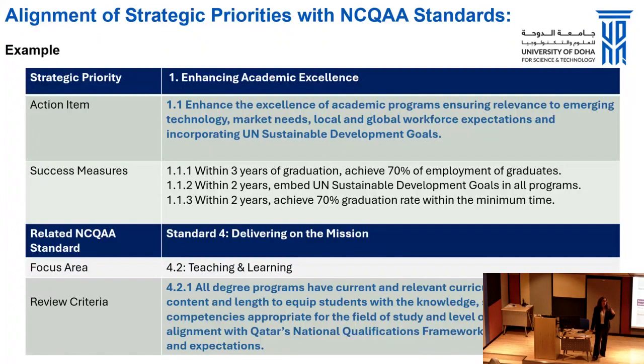The AACSB, as you said, or if we had an MBA, it could be AMBA, it could be EQUIS, a lot of these different accreditation bodies that come in to accredit our programs. We essentially have to do a mini self-study report for those programs, and they do become part of the larger institutional self-study report. But it is a little different.